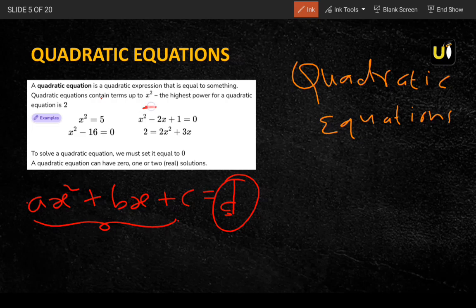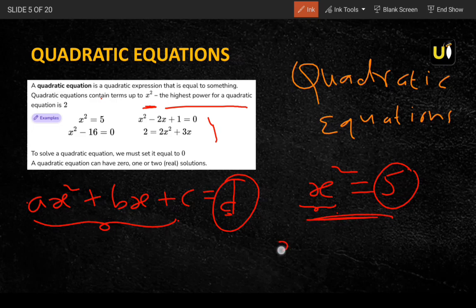To solve this equation, solving means finding the x values which satisfy this equation. To find those x values, we have to set it to 0. That means we have to set this quadratic equation to 0. How can we set it? If we subtract 5 from both sides, x square minus 5 is equal to 5 minus 5.